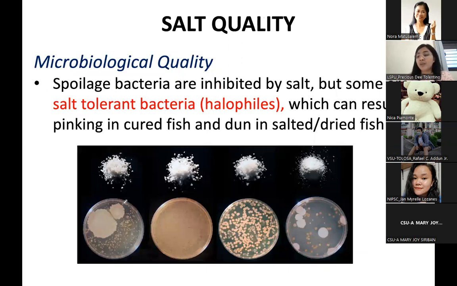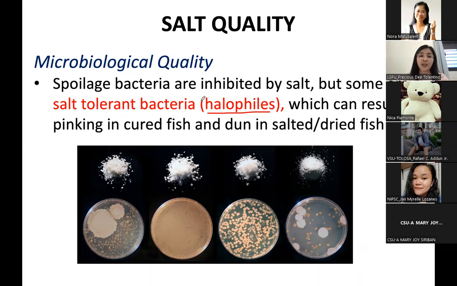Okay, so when we're salting, salt quality should also be considered. So what is the microbiological quality ba of salt? So spoilage bacteria are inhibited by salt, but remember na meron tayong tinatawag na mga halophiles.